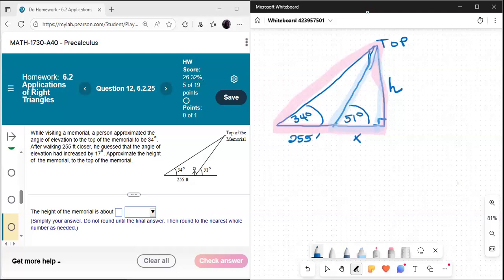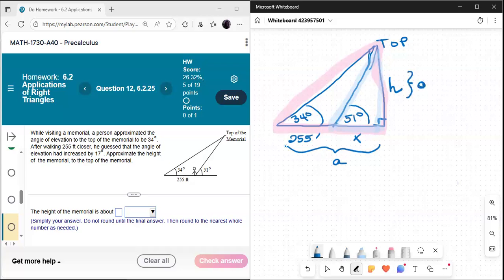If we use the large triangle, angle 34, across from that is the opposite, that's H. And at the base, that's our adjacent. So this is the adjacent, and this is the opposite here.